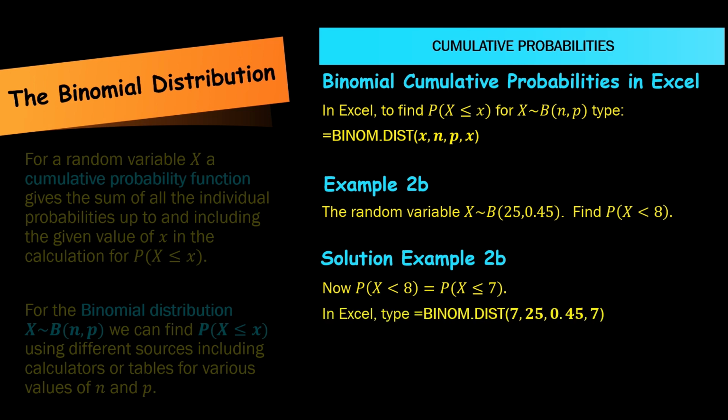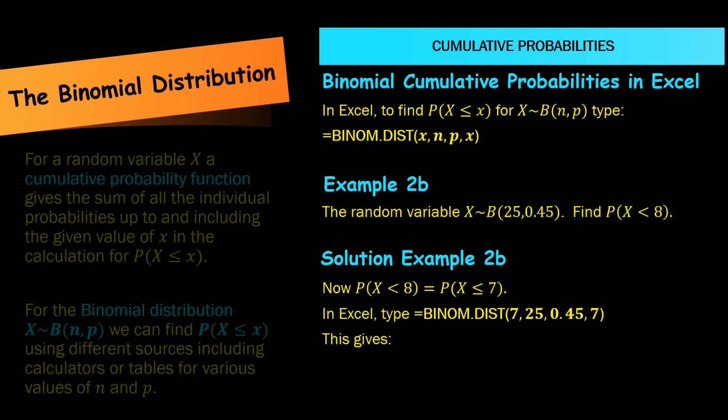So in Excel, we need to type equals binom.dist, open bracket, and x equals 7 positioned here and here, n equals 25 positioned here, and p equals 0.45 positioned here.